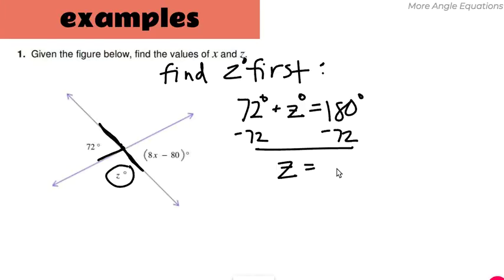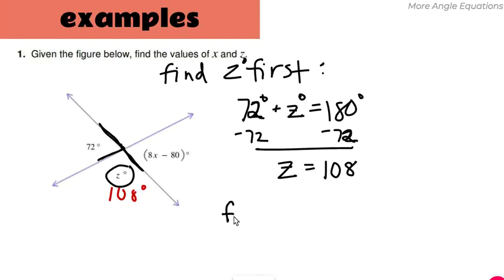Now be careful with the z, make sure it doesn't look like a 2. My 2's look like z's, so I always add a little marking. If you don't, make sure that your 2's really look like 2's. So z would equal 108 degrees.